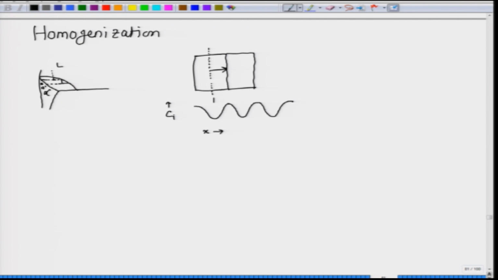Of course, if there is a second phase, then there will be an interphase and the concentration profiles will be different, but right now we are considering only a single phase.